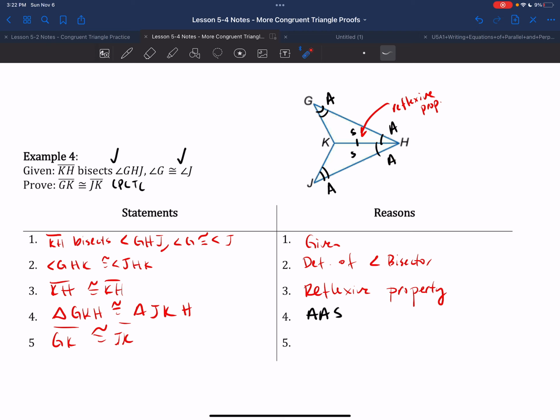Of course, they're going to be congruent as long as we write everything in order and all the things correspond. We can safely say that segment GK is congruent to segment JK. Okay, and this is because of CPCTC. Corresponding parts of congruent triangles are congruent.